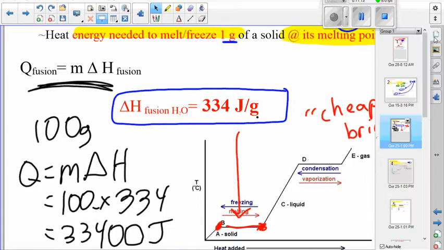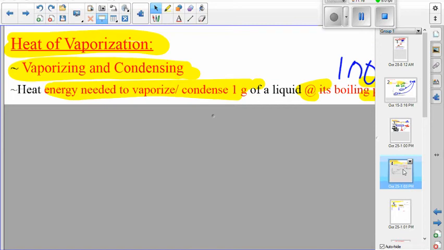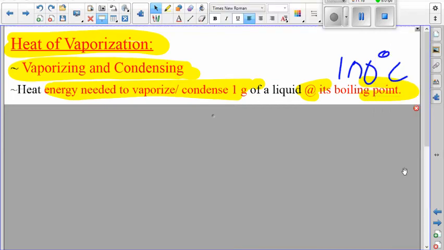Now, if we want to go across the higher bridge, that's involving heat of vaporization. This is when we're talking about vaporizing or condensing your water. This is the energy needed to vaporize or condense 1 gram of a liquid at its boiling point. So again, for water, that's going to be at 100 degrees Celsius exactly.